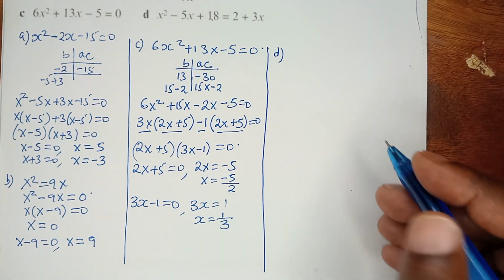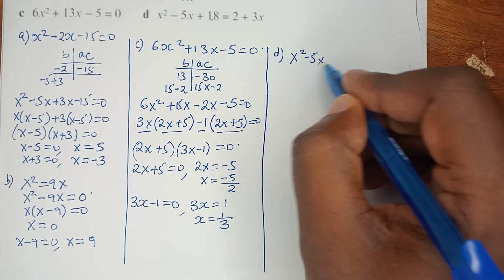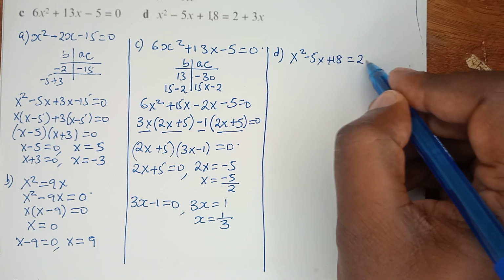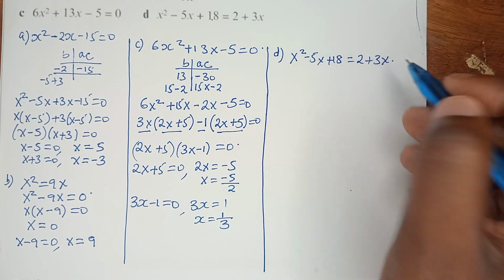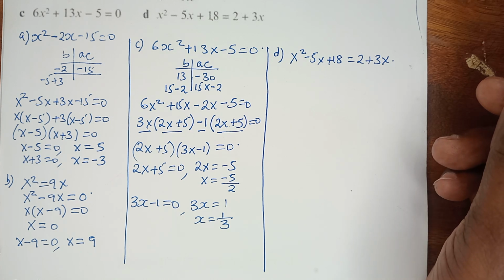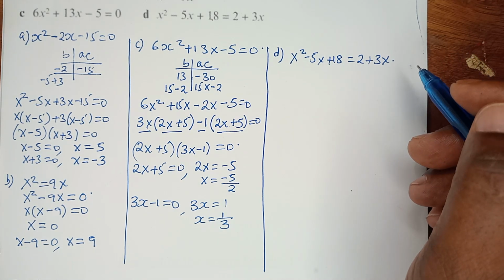And part D, x squared minus 5x plus 18 is equals to 2 plus 3x. One of the very fundamental recommendations in solving quadratic equations is that we have to have the right hand side equals to 0.